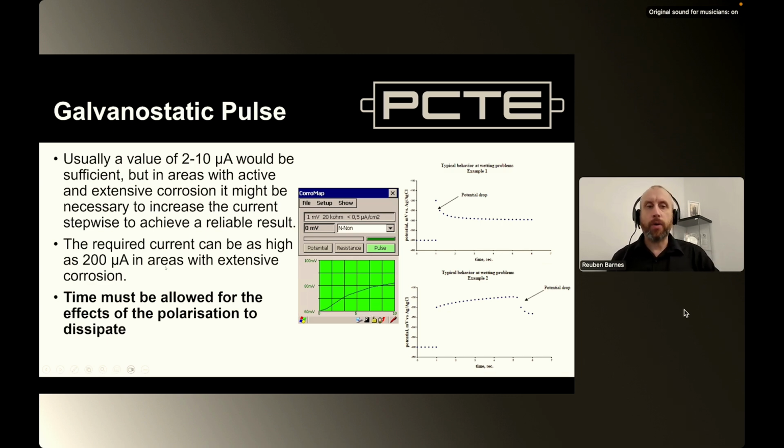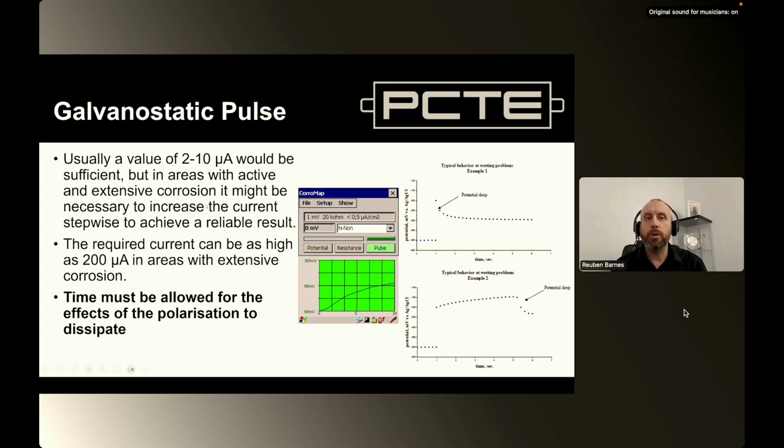We can get some errors when we do this test, and so when we're looking at the screen, we're effectively looking at the shape of this curve and looking for any errors. Sometimes you can get spikes in it. They can be caused by issues with regards to not enough water, or a connection error, or providing too much current.